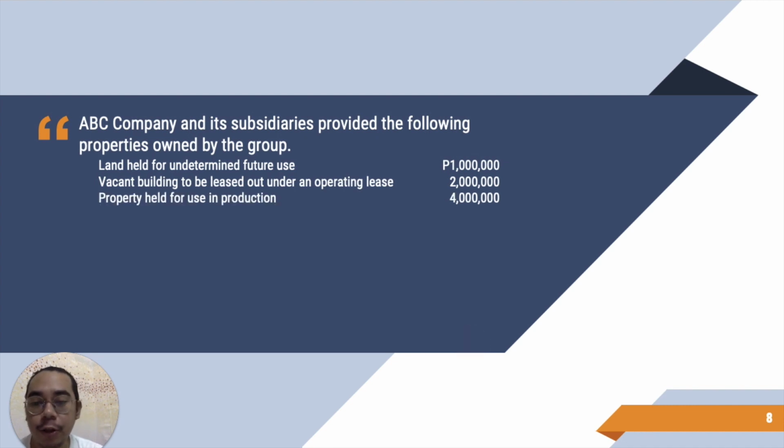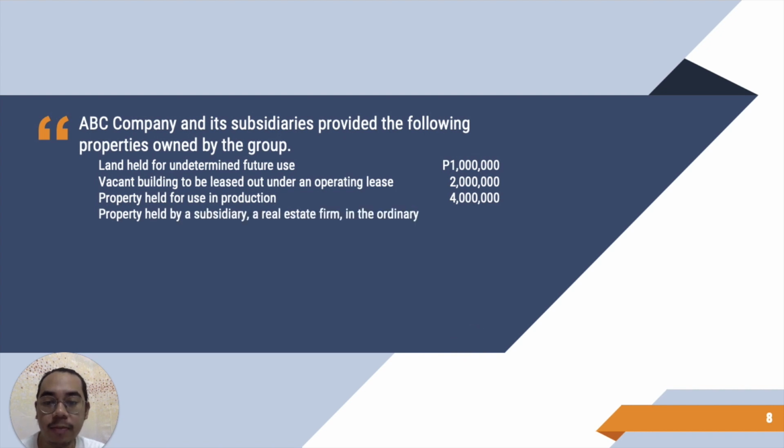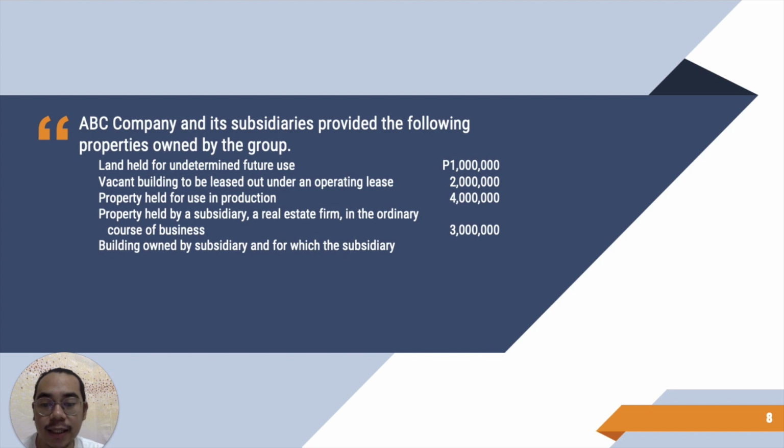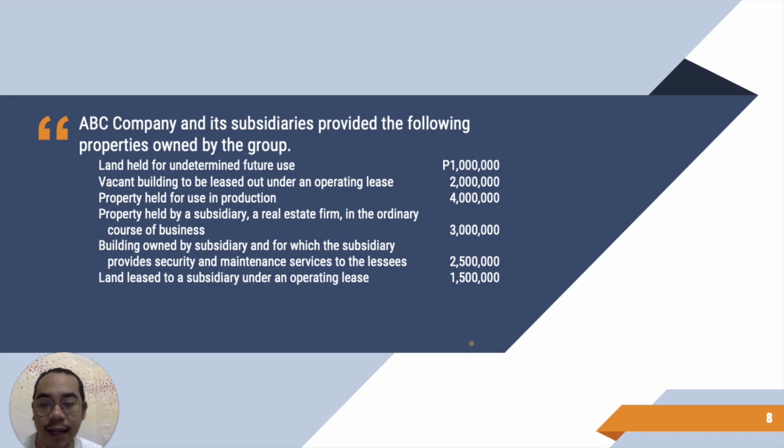Property held for use in production, 4 million. Property held by a subsidiary, a real estate firm, in the ordinary course of business, 3 million. Building owned by subsidiary and for which the subsidiary provides security and maintenance services to the lessees, 2,500,000.